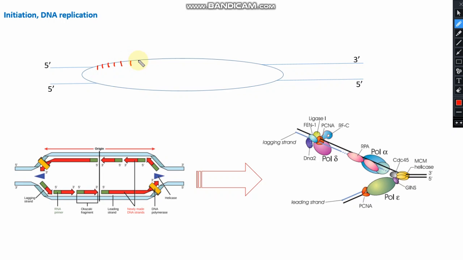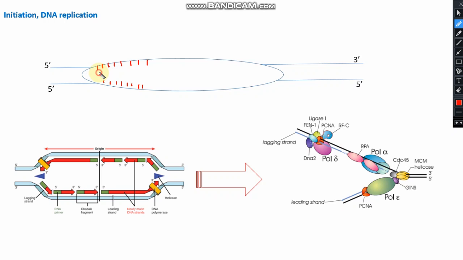These two strands are separated, right? Then the RNA primer binds here.